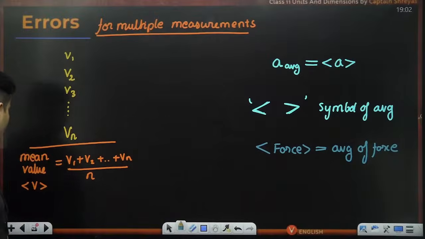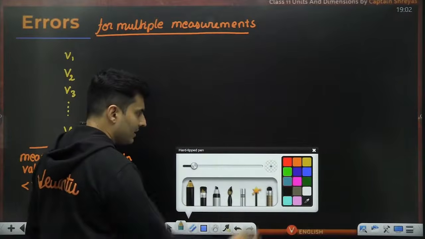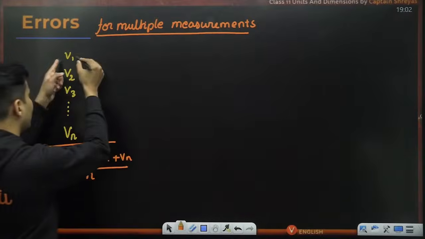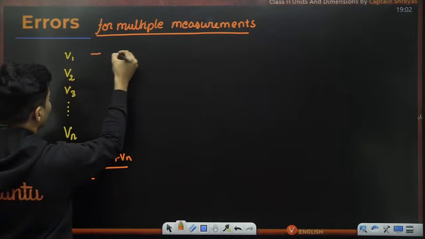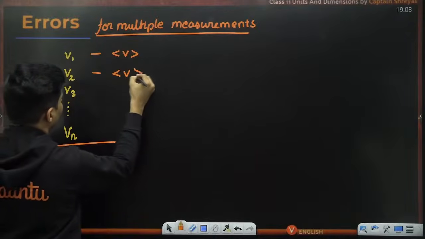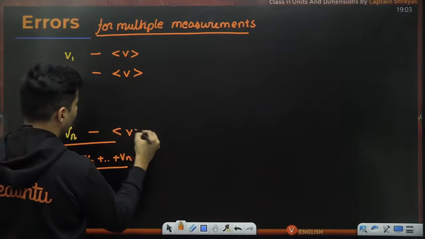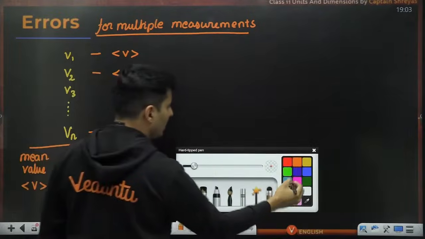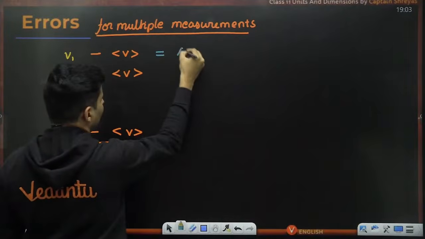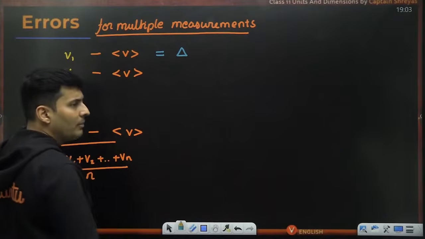So first thing you will find is the average value. The next thing that you will do after finding the average is subtract the average from each one of these. V1 minus the average value, V2 minus the average value, like that. Okay, keep on doing that. You will basically get the error or the deviation of each quantity from the mean.